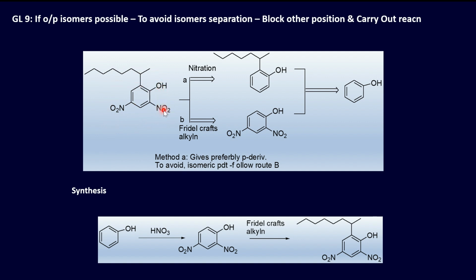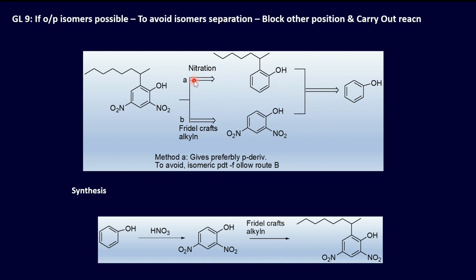Here I can split this molecule. I can remove nitro, C-N bond breakage. I'll get the corresponding phenolic derivative. I'll break over here. I'll get phenol. Or I can break first over here. Then I can break nitro.